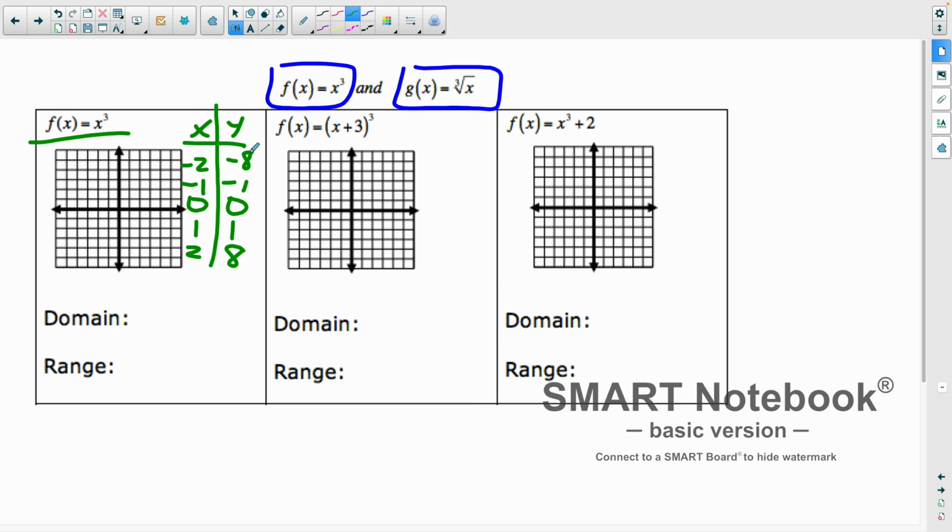So this is a cubic function is what we're doing here. That's a cubic function. And this is a cube root that we just did a second ago. All right? And what we notice is that if we're doing the parent functions, it's the same points. They've just been flipped. What do we call that? An inverse. That's correct. So cubic and cube root graphs are inverse graphs of one another.